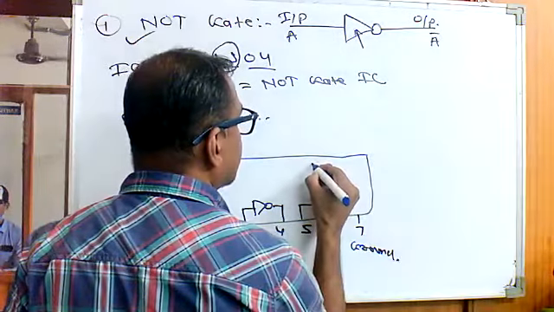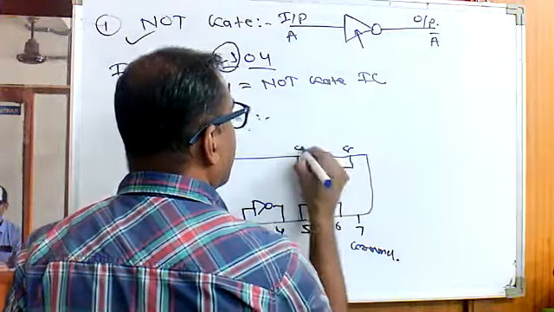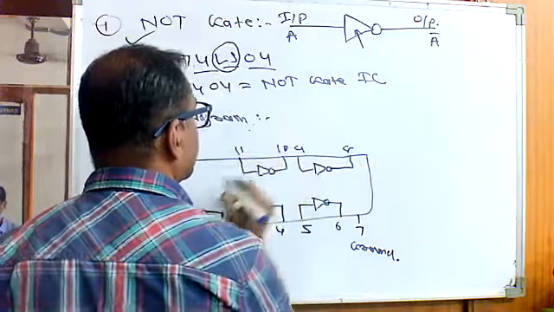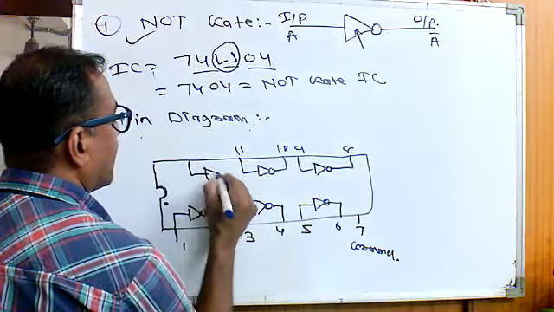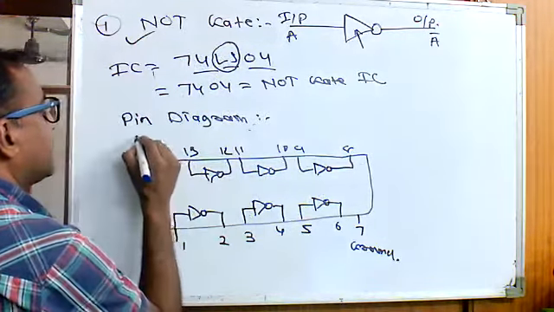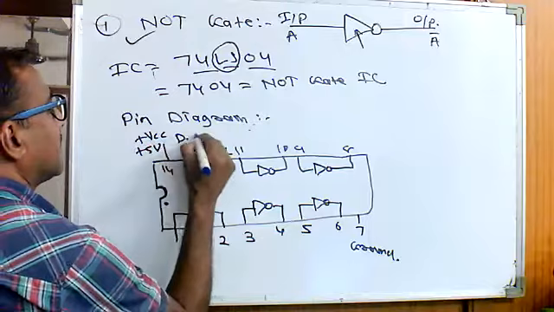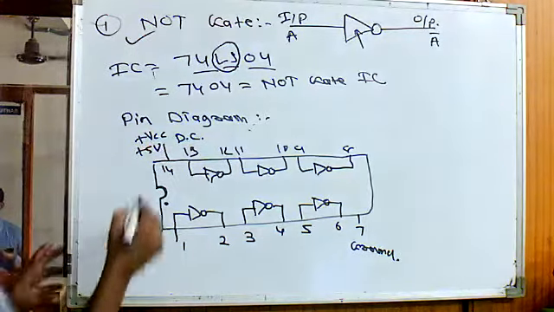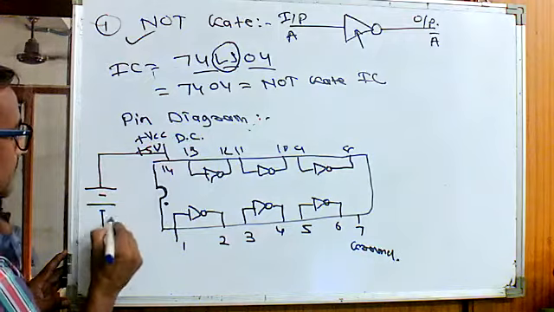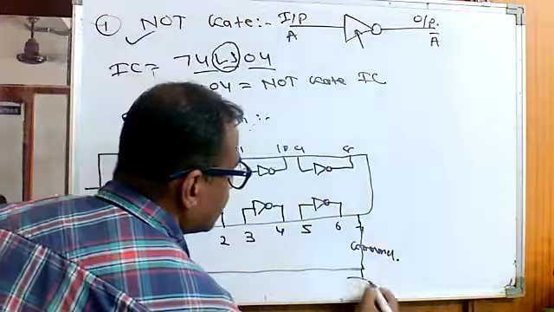Then 9, 10, 11, 12, 13, 14. Pin 14 is VCC, plus 5 volt DC. So the voltage is applied, a 5 volt power supply is applied here. And the ground pin is connected here. This is ground.